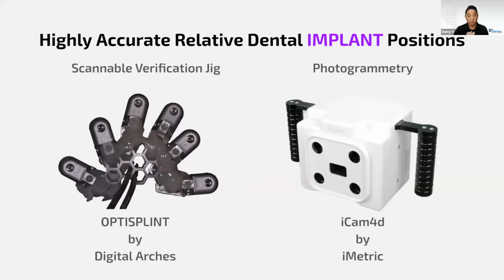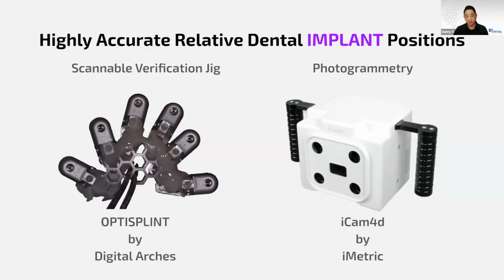We recommend scanning OptiSplint outside the mouth, first of all, and ideally in a desktop lab scanner where you could scan it with a 10 micron lab scanner. That's going to give you the most accurate scan without any human factors. The clinician just needs to know how to do a good job of luting this device together in the mouth and making sure that everything is nice and strong, luted together.